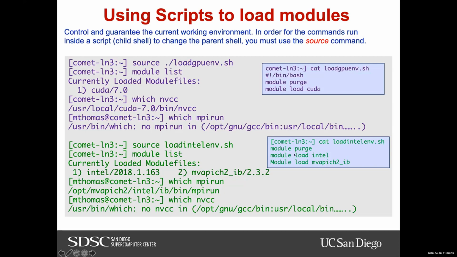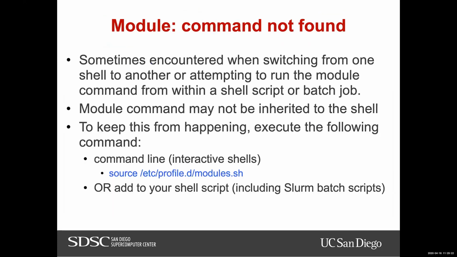Now for hybrid, I might be doing MPI with GPU, and I would load the CUDA module in there, and then I would have all of them available. So you can customize things, and if you do a lot of complex compiling, you might see that as useful.